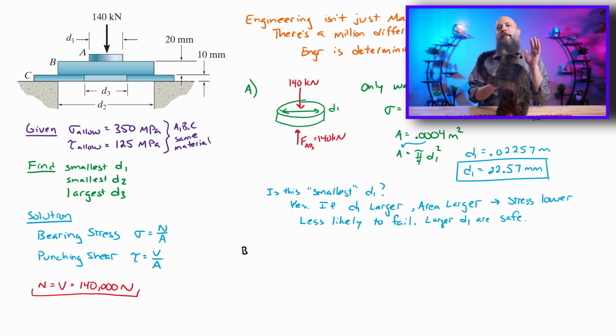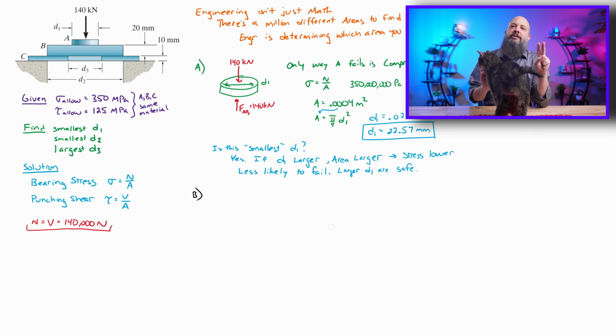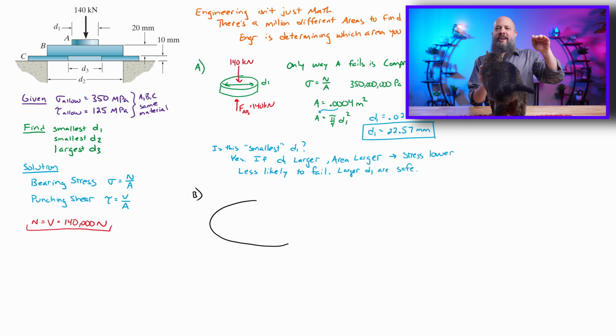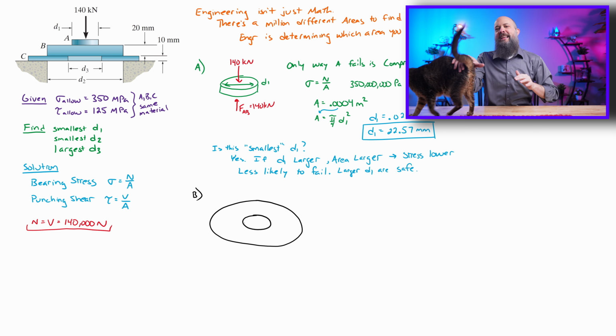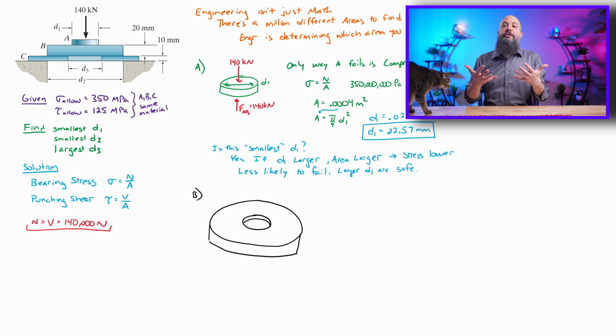All right, now disk B in the middle, we're actually going to cover two different ways that this could fail. The first one is if A kind of pushed into it and compressed B. Again, this is called bearing stress. And this is why washers exist, right?